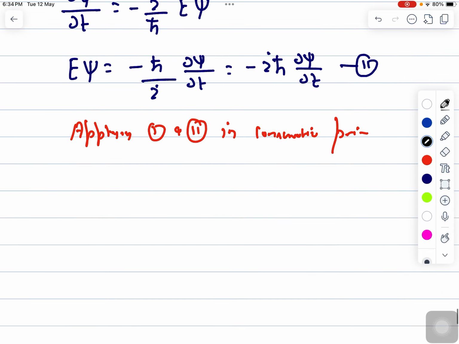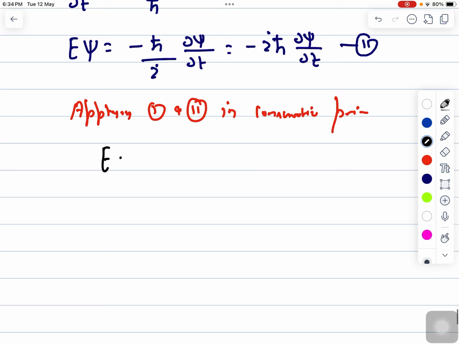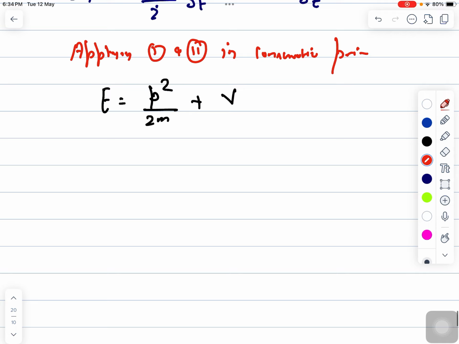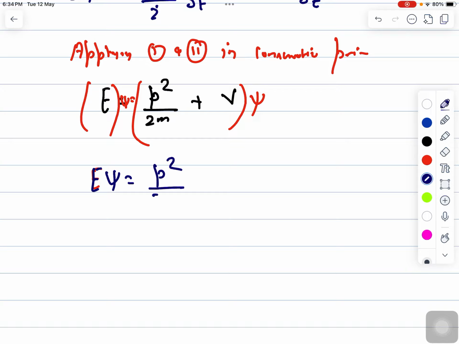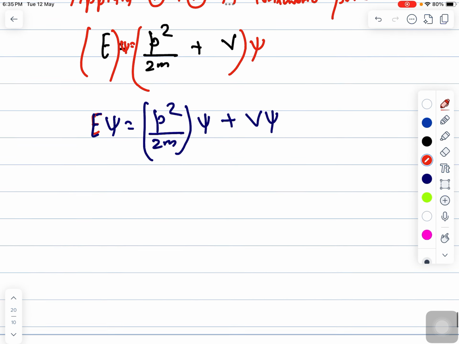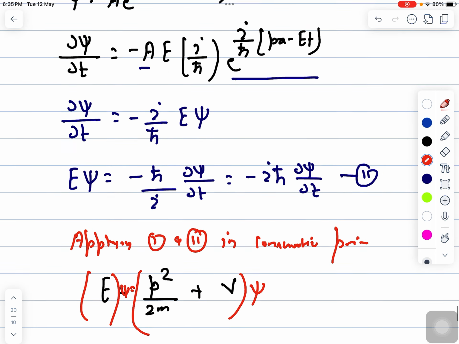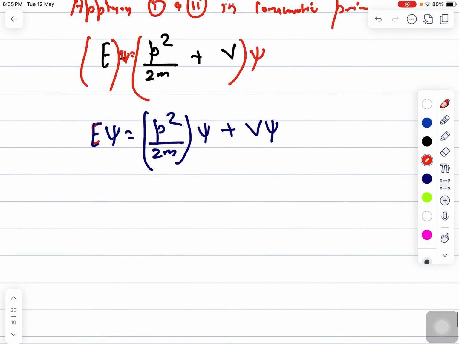So basically what we have seen is that the total energy was equal to p square divided by 2m plus V. If I operate this psi over here, what we will get is E psi, that is equal to p square divided by 2m psi plus V psi. Is that clear?